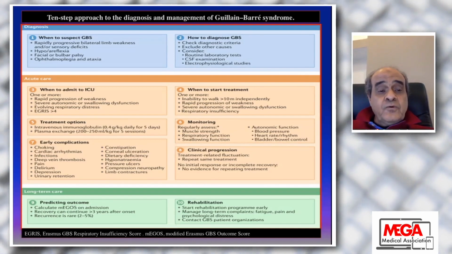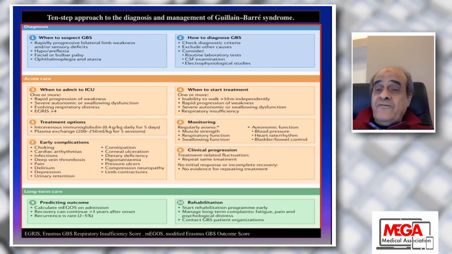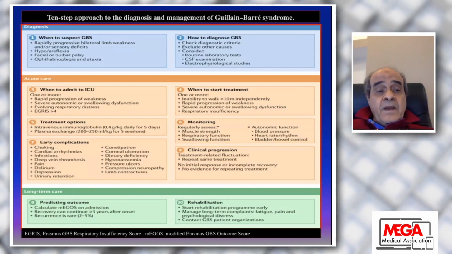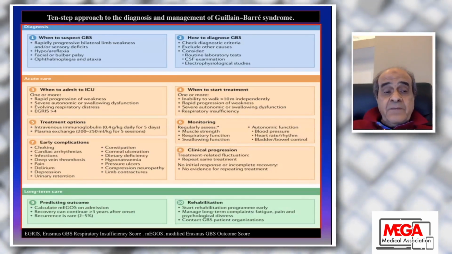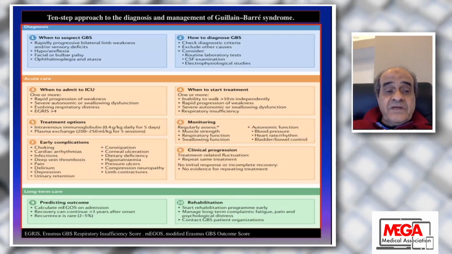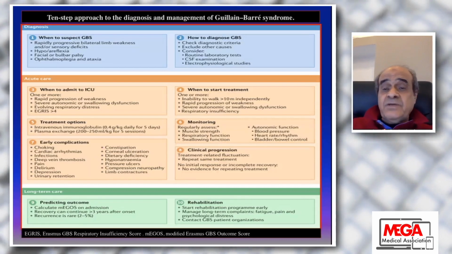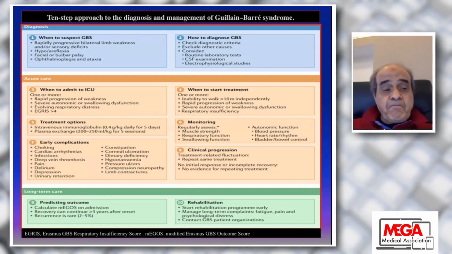Also, we have to look for choking and aspiration and atelectasis and so on. So we have to guard against it and intubate the patient early. Infections also are very common, especially pulmonary infection, deep venous thrombosis, pain. At some stage of the disease, most patients with Guillain-Barré syndrome suffer from some sort of muscle pain.